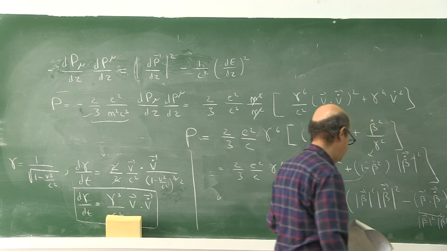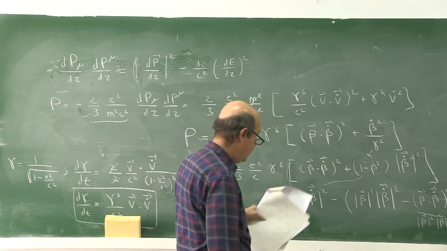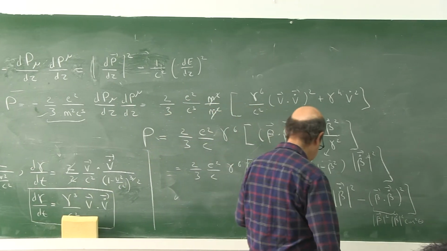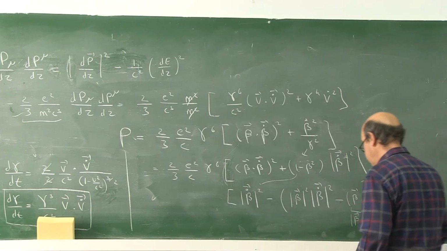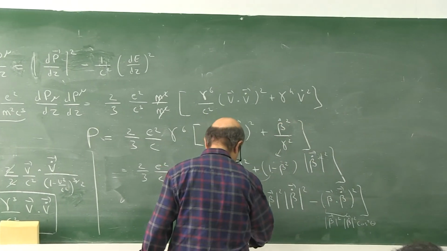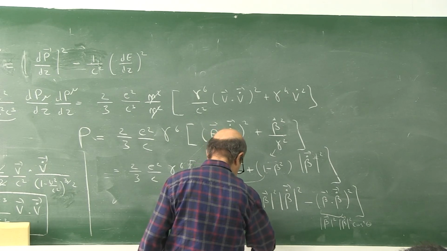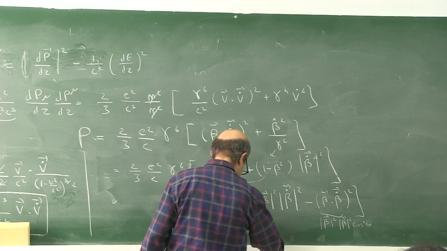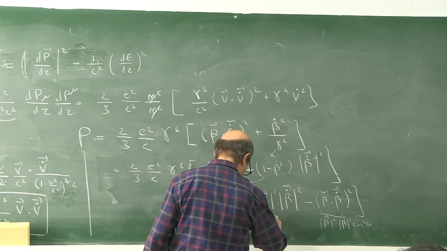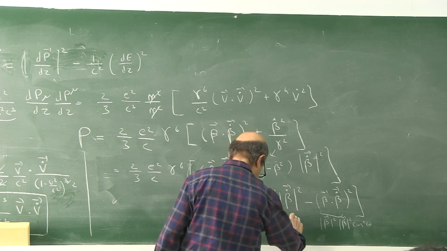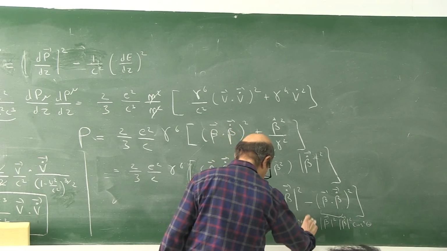That is the angle between beta and beta dot. And if you take the parentheses of beta dot square, that will be 1 minus cosine square. This will be beta dot square, 1 minus cosine square theta.